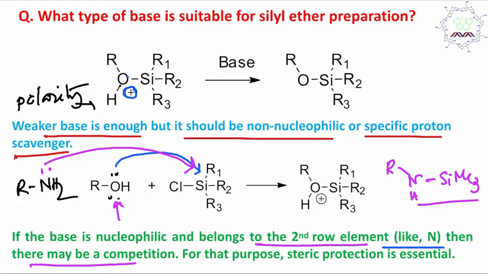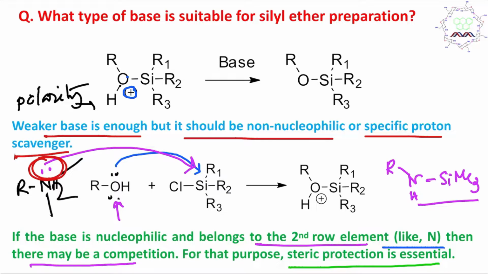This is also possible as a byproduct, but we don't want it. Amine can act as a base, it's true, but its nucleophilicity is problematic. In order to reduce or stop the nucleophilicity, steric protection is essential. That means attaching big groups to this nitrogen such that it can only act as a base but not as a nucleophile.